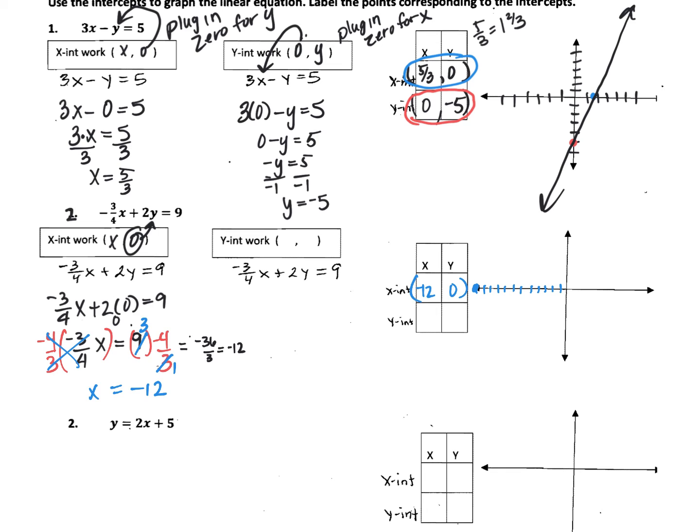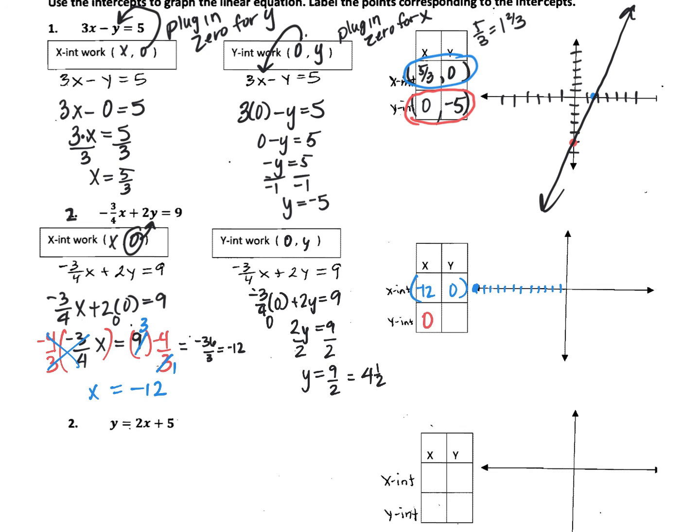For my y-intercept, it's 0, y. So we're going to plug 0 in for x. So -3/4 times 0 plus 2y equals 9. That's 2y equals 9 because 3/4 times 0 was just 0. Divided by 2, and y is 9/2 or 4½.